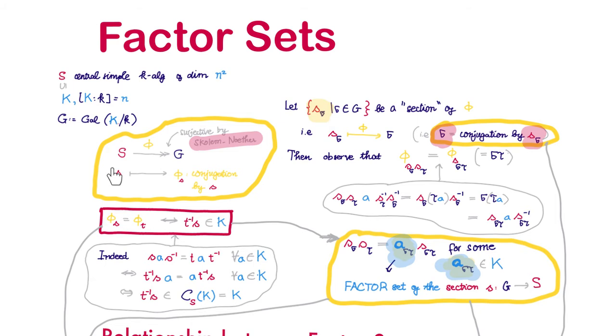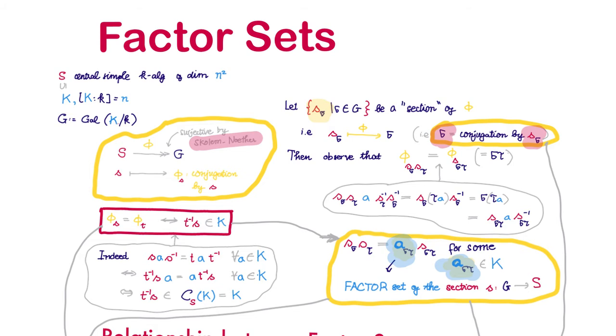Note that the kernel of this map contains all the elements little s that commute with elements of K, i.e. the kernel of this map must be the centralizer in S of K, which must be K because K is a maximal subfield. That is just by our definition of maximal subfield: it's the subfield of S whose centralizer is equal to itself.